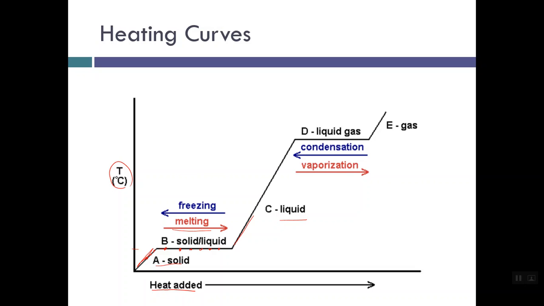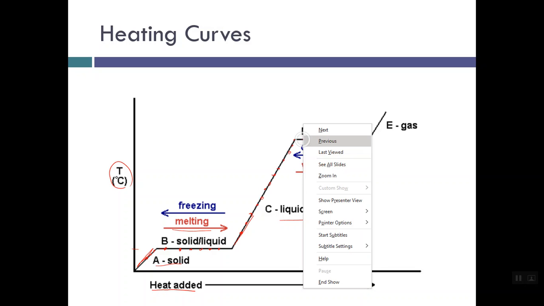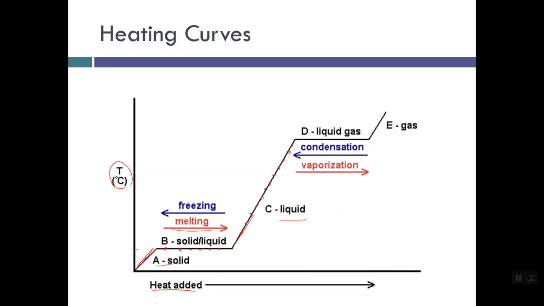Now I'm in the liquid phase and I'm adding heat, and the temperature is going up. It's still a liquid. My liquid is just getting hotter and hotter. But at this point now, it's not getting hotter. It's at this temperature over here.